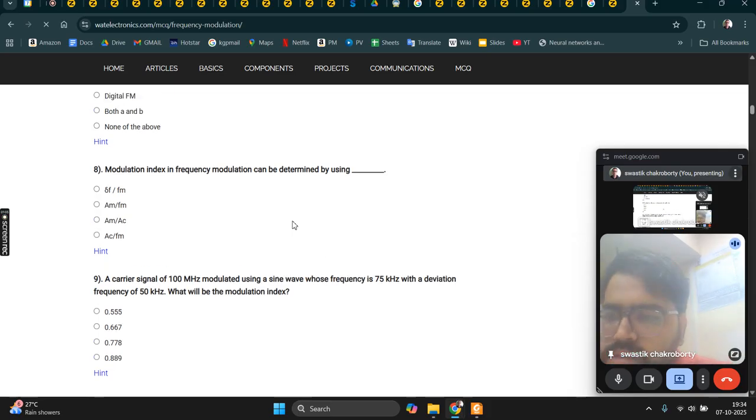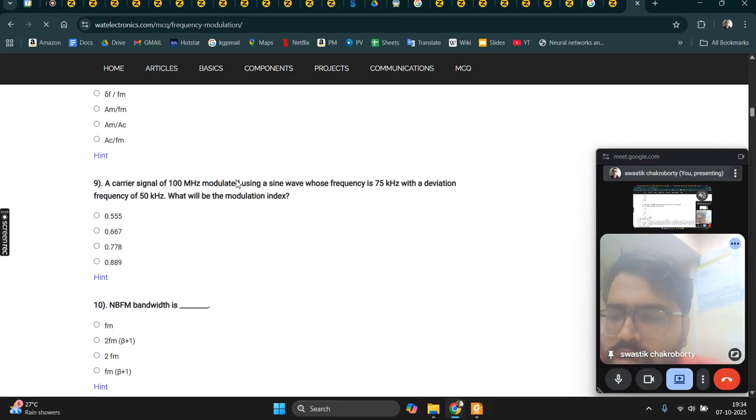Let's start. A carrier signal of 100 megahertz is modulated using a sine wave whose frequency is 75 kHz with a deviation frequency of 50 kHz.